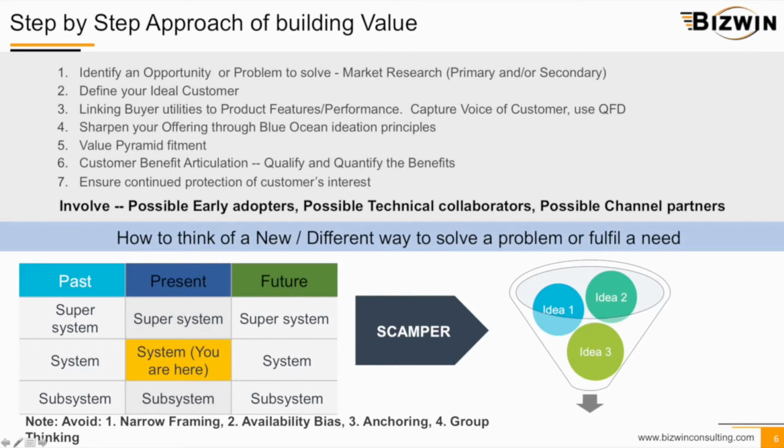And number 7 is ensure continued protection of the customer's interest. That's very important. If you have sold a product, solution or service, this cannot be just a one-time transactional sale. If you are in a B2B business and planning to scale your business over the next few years, every engagement needs to be, as much as possible, a long-term value-added strategic engagement.